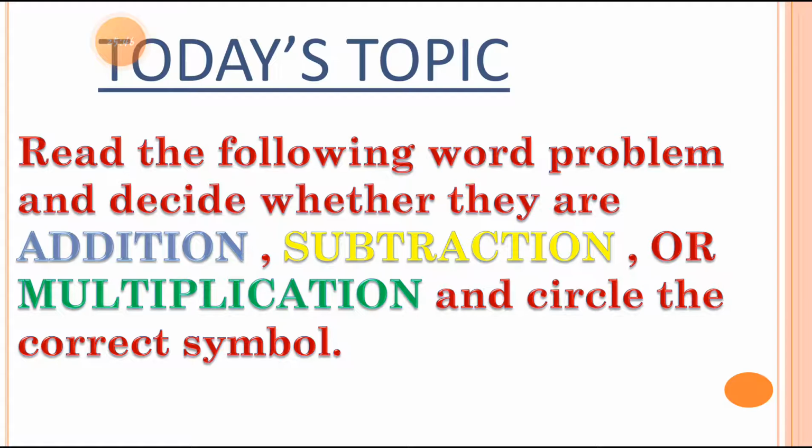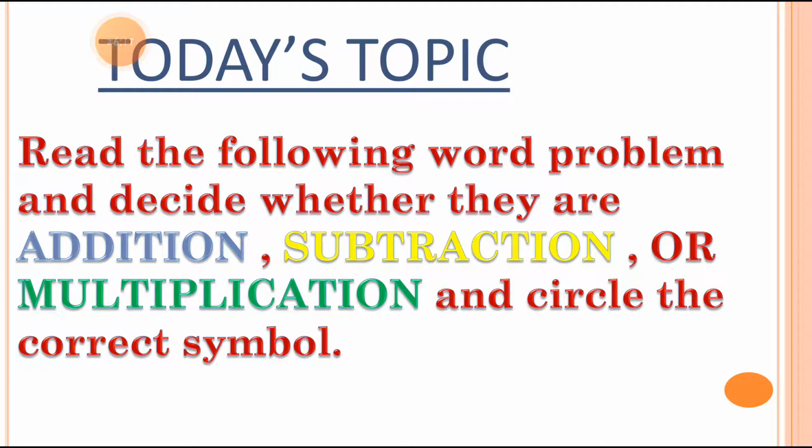The symbols of addition, subtraction and multiplication will be there, and we have to choose the particular symbol of the operation we have to follow. But we have to decide after reading the question, so we have to read the question first.